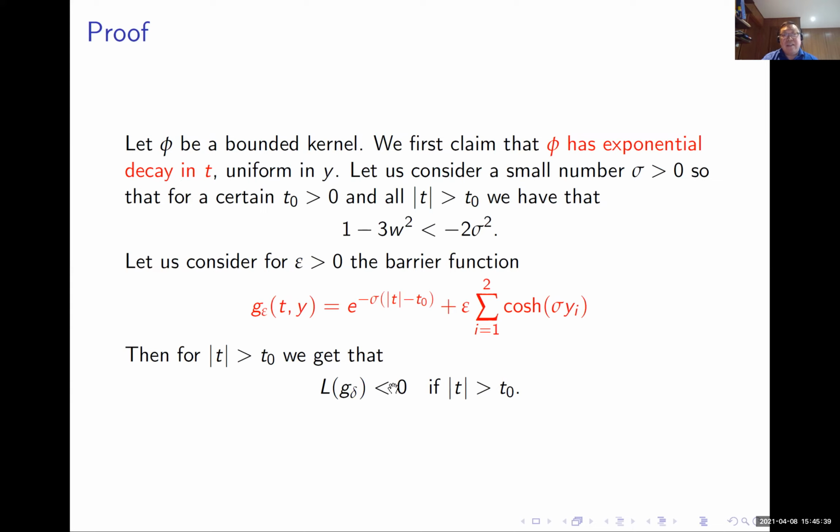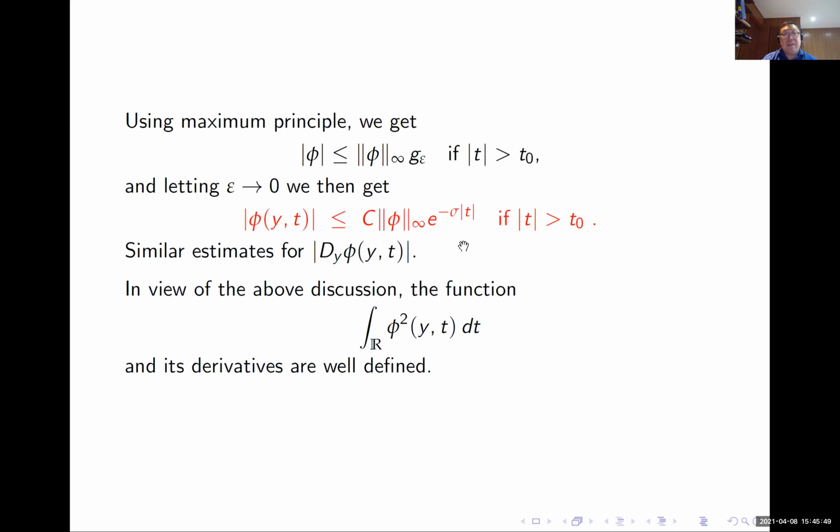Since your solution is bounded, you can use this to control at infinity. By the maximum principle, you get this. Then you can simply let this epsilon go to 0, and you get exponential decay in one direction, in t. Similarly, you can get that the derivative in y also has exponential decay.